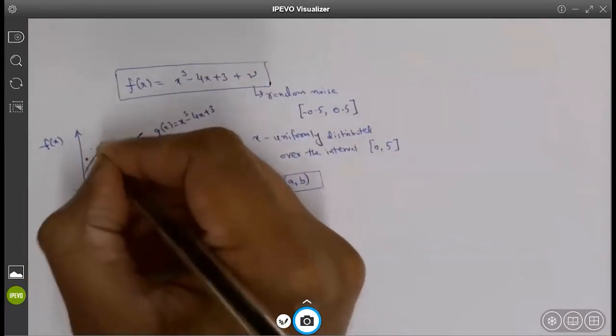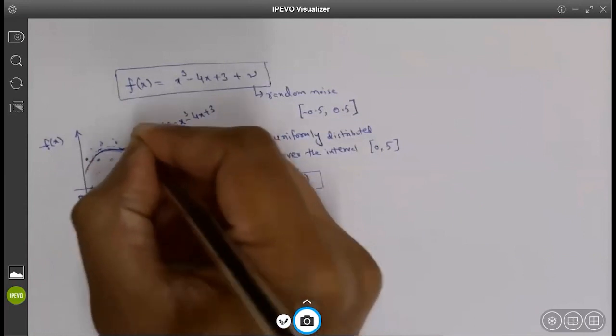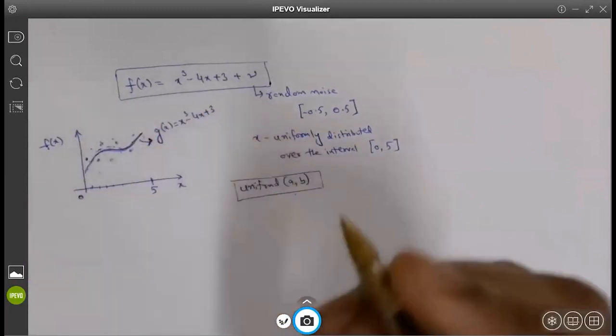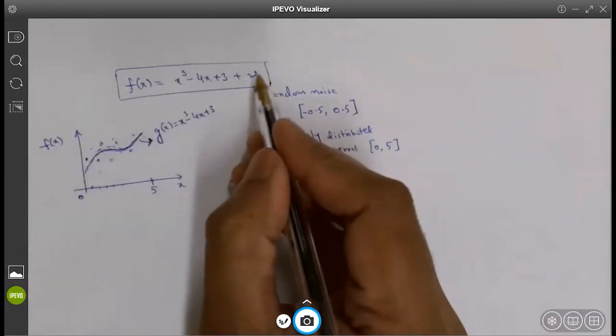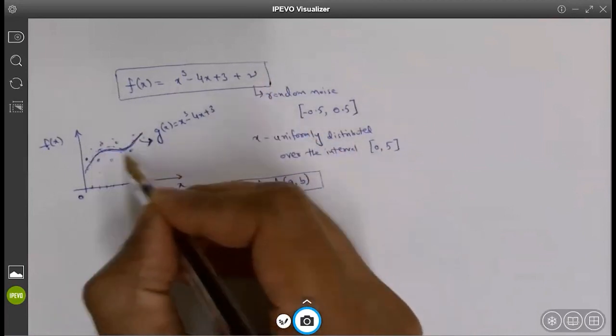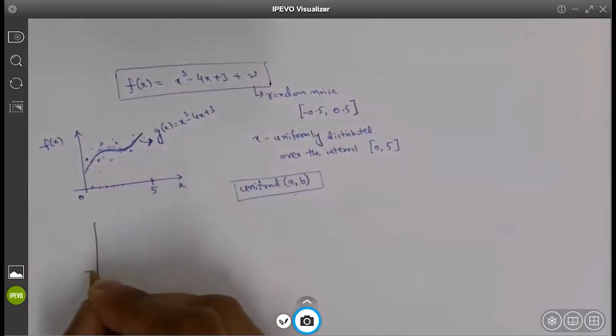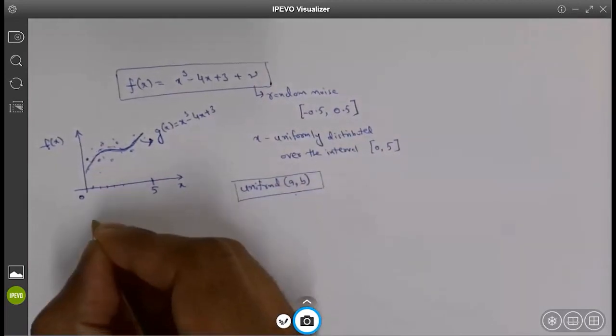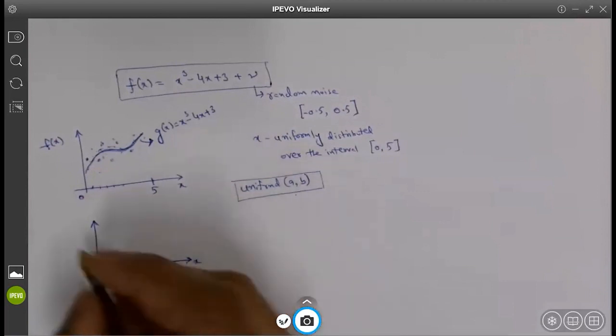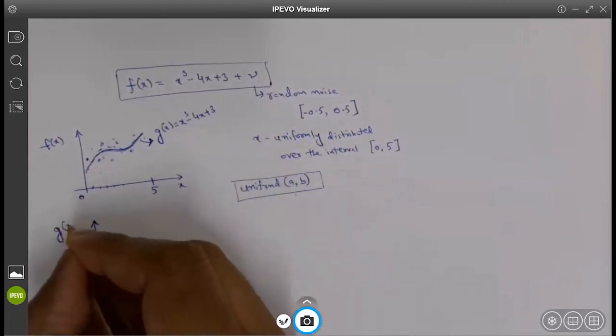The points will follow the trend, but they will go like this. The data points that come with the noise term will lie on this part. So what you are basically trying to do is, you are given two functions.